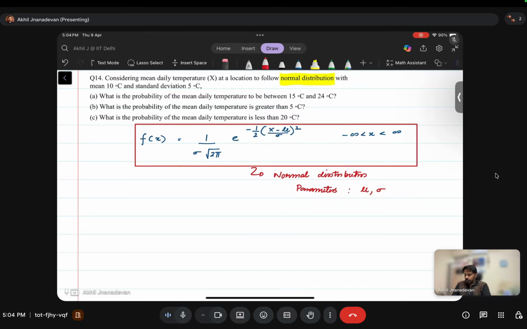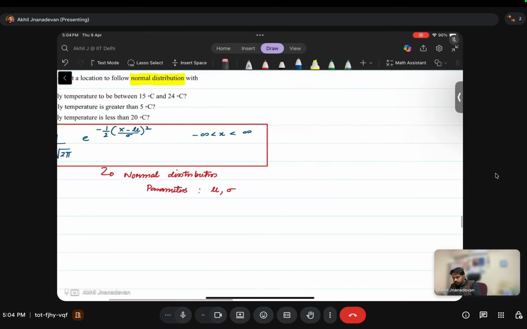If you look at the plot, it is a bell-shaped curve. The probability is maximum at the mean, and it decreases in the tails towards the extreme values. It's a bell-shaped curve.